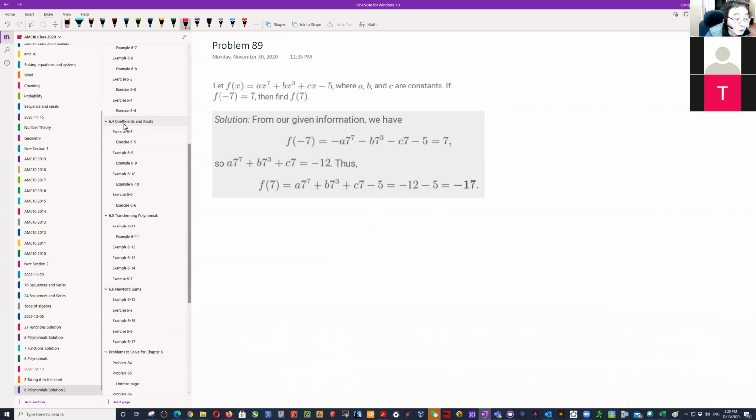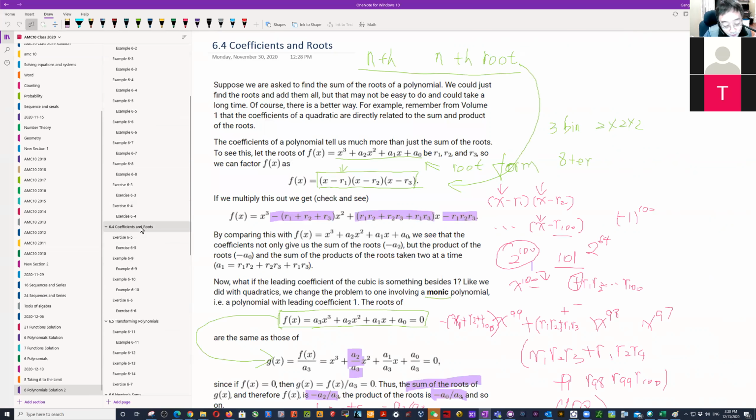I think we will stop here for coefficients and roots, because this is the quintessential meaning of Vieta. Vieta's formula is relatively difficult, but not too difficult. You just have to get used to visualizing the expansion of the root form and how it maps to the coefficients.